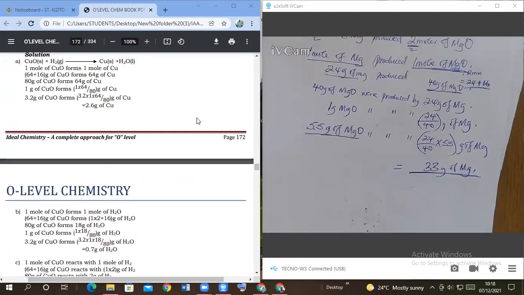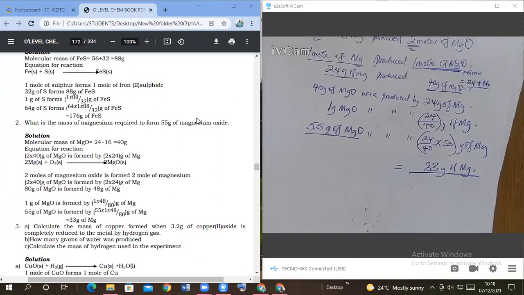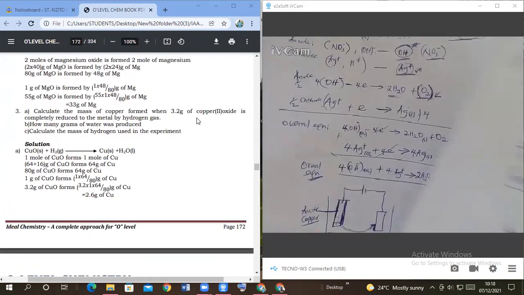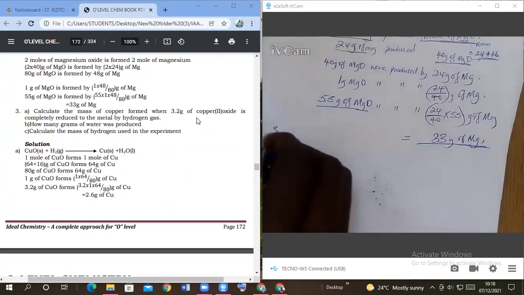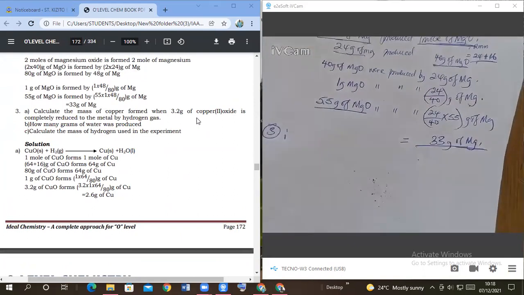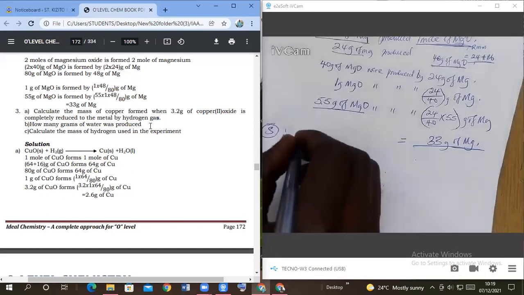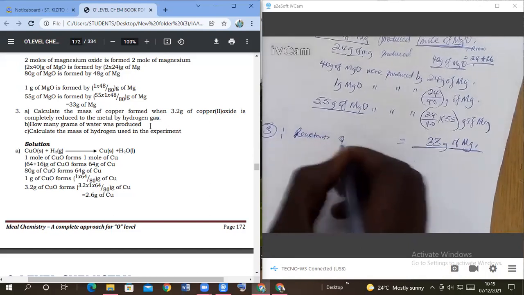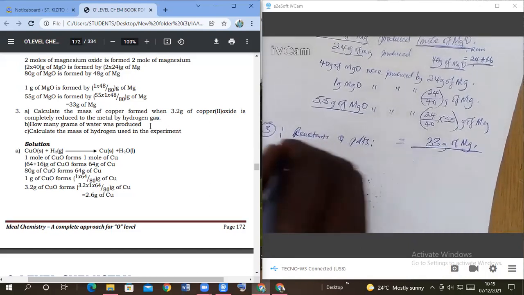Now, let's go back up here. Let's do number 3, and then we call it a lesson. Number 3 is saying calculate the mass of copper formed when 3.2 grams of copper oxide is completely reduced by hydrogen gas. Give me the reactants, give me the products. Very fast.